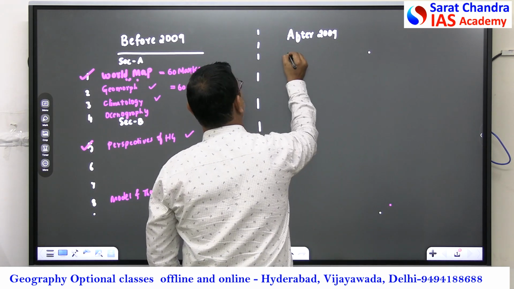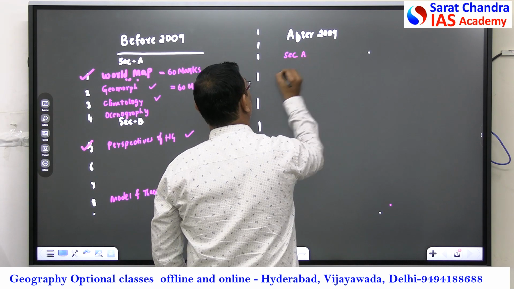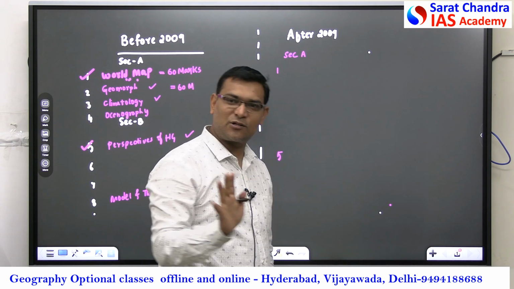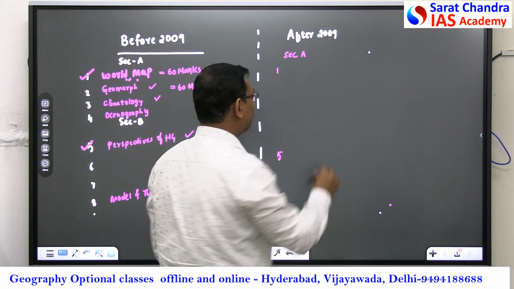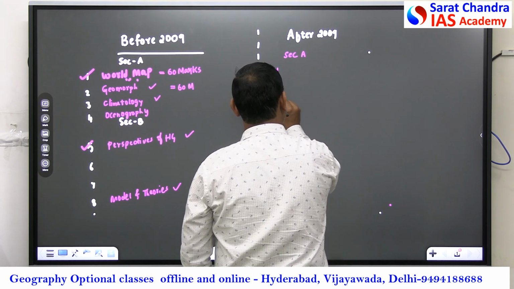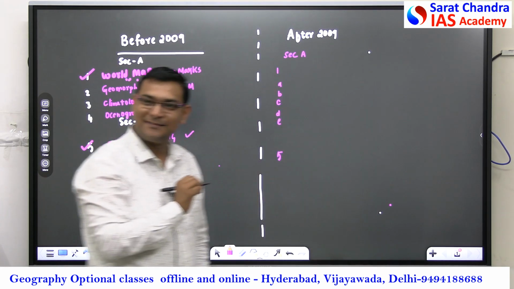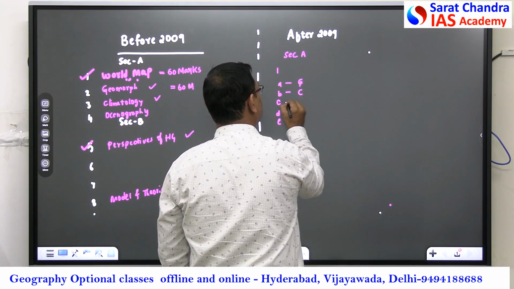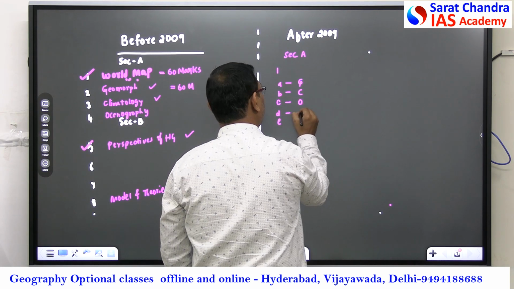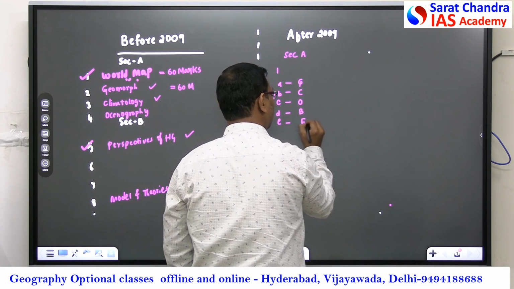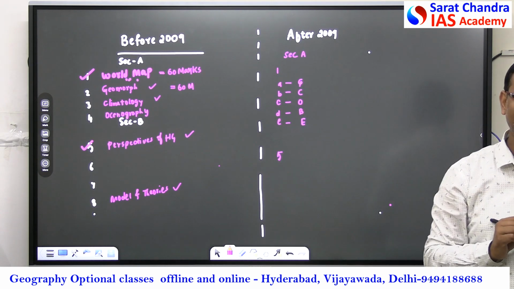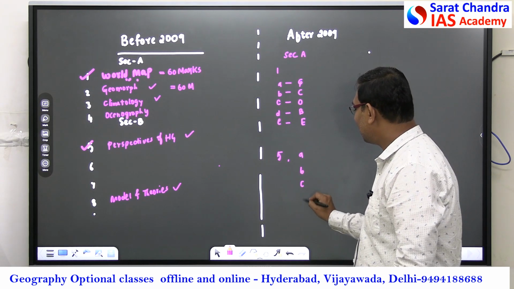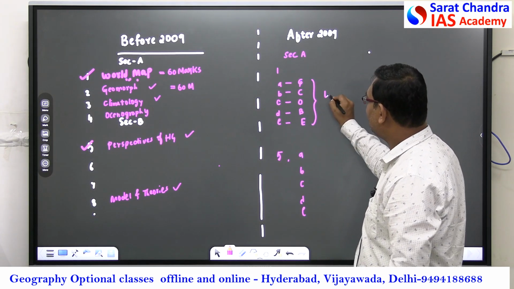Now in section A, the first question and the fifth question are compulsory. The same, choice is also there, but in the first question there are A, B, C, D, E: A from geomorphology, B from climatology, C from oceanography, D from biogeography, E from environmental geography. Clear? Then the fifth one also has A, B, C, D, E.